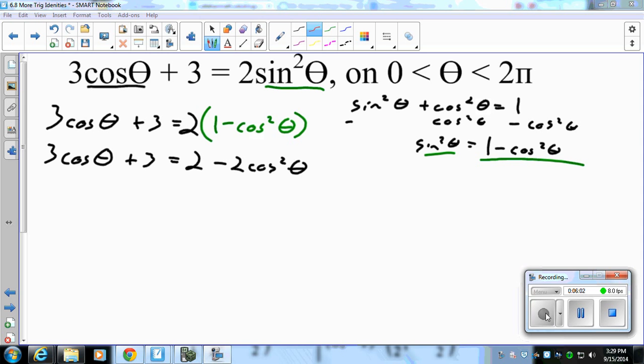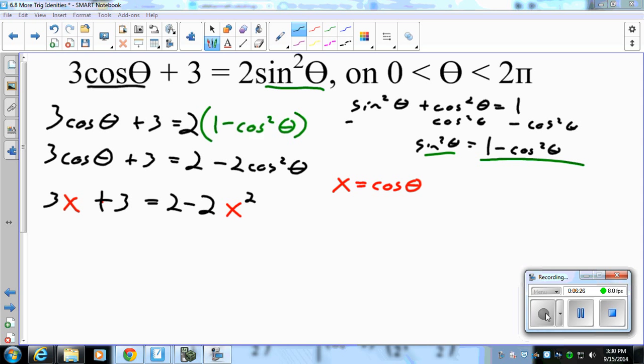Well, now that I only have cosines available, I can start doing my x substitution. Let's let x equal cosine of theta and see if we can get a quadratic that we can solve out. So I get 3x plus 3 equals 2 minus 2x squared.